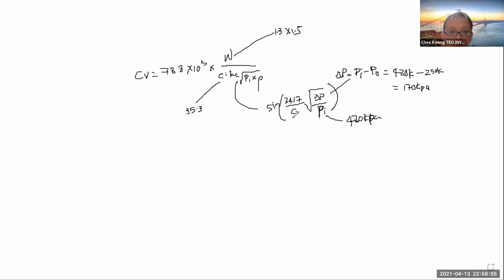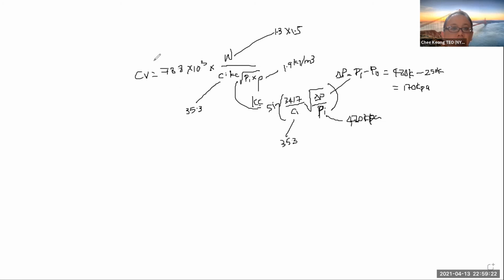This is CI. CI already known is 35.3. So basically you can solve for KC. Once you solve for KC, you plug in. Again, your PI you already know, 420. And your rho, what is your density? Density is also given in the question, 1.9 kilogram per meter cube.